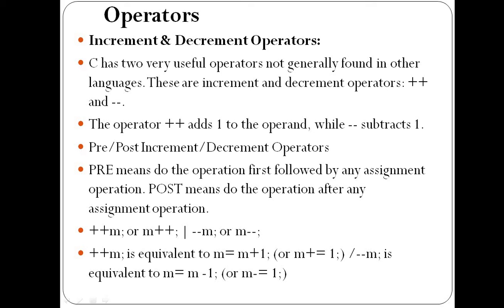You know the basic meaning of pre and post. Pre means previous and post means after. So pre means first we do the operation and then use the value, and post means first we use the value and then we calculate the expression.